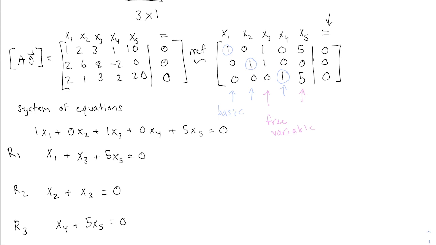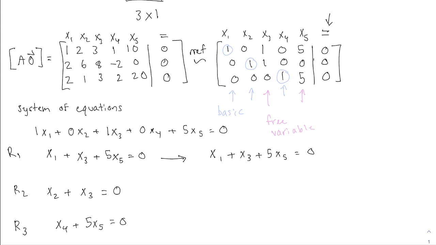We want to, in a sense, solve for our pivot columns, or our basic variables. If I go to row 1, here, I'll write it out over here: x1 + x3 + 5x5 = 0. How would I solve for our basic variable here?